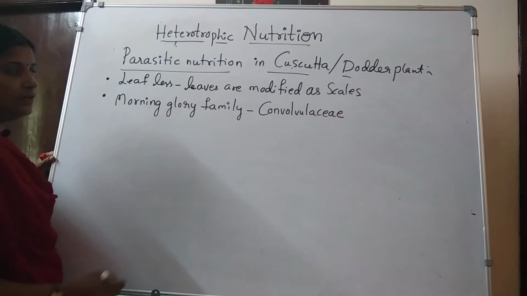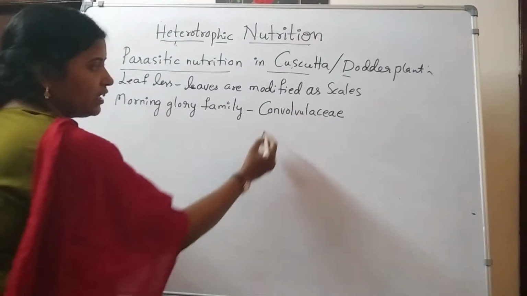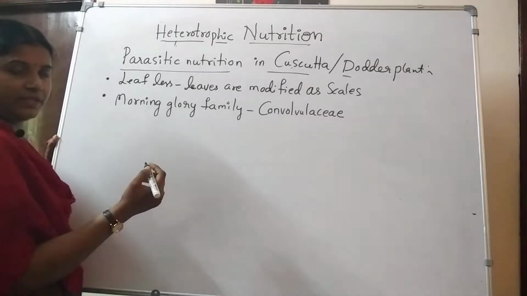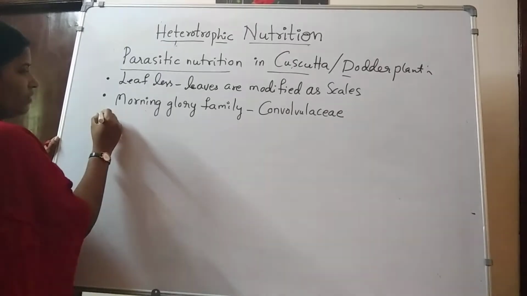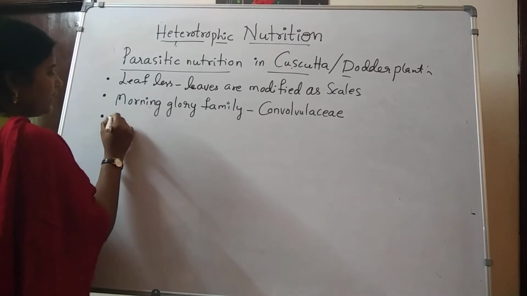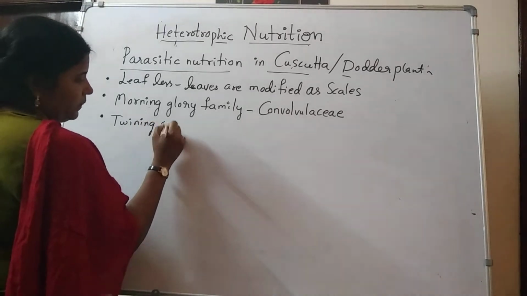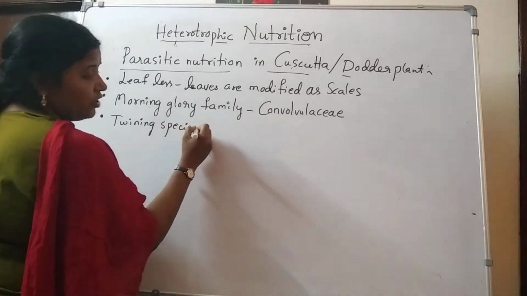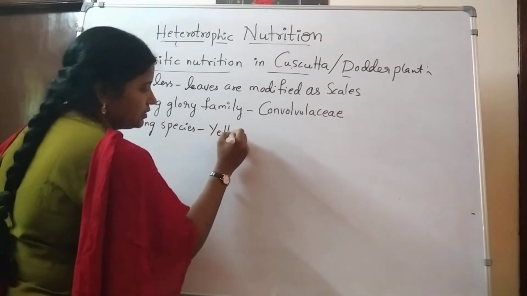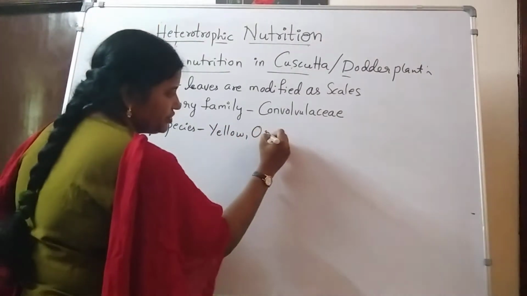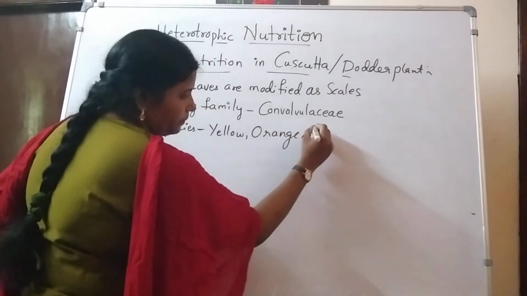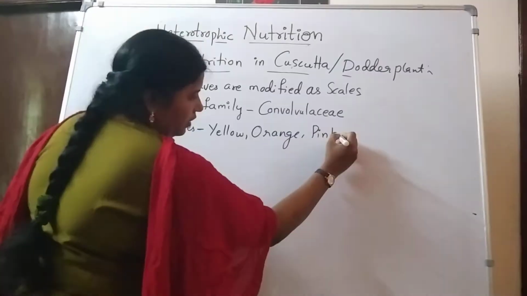Convolvulaceae is the family name, okay. Then it is a twining species. In which colors does it appear? It appears in yellow, orange, pink or brown.